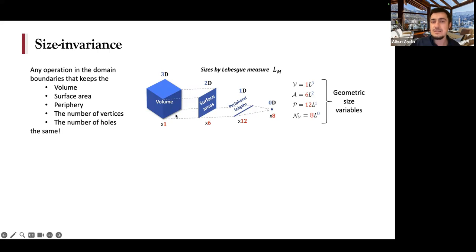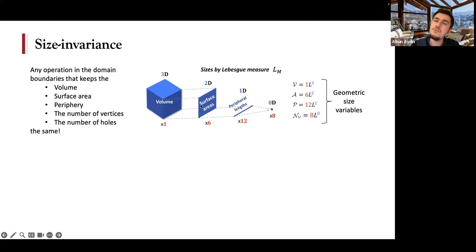one bulk size, which is its volume basically, and three lower dimensional size variables. Its surface areas, you can think of it as a two-dimensional size variable, peripheral lengths, a one-dimensional size variable, and the number of vertices, which are basically the discontinuities in these 1D lines, right? So it's basically the corners of this cube.